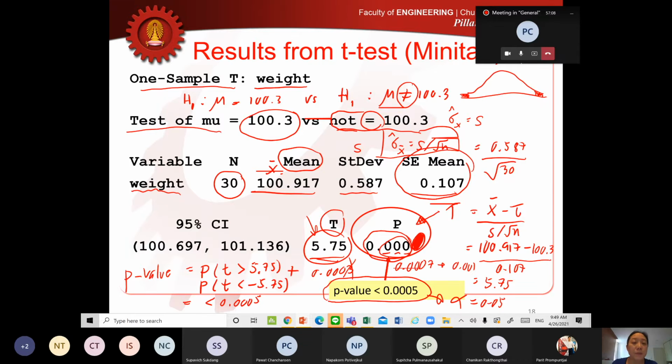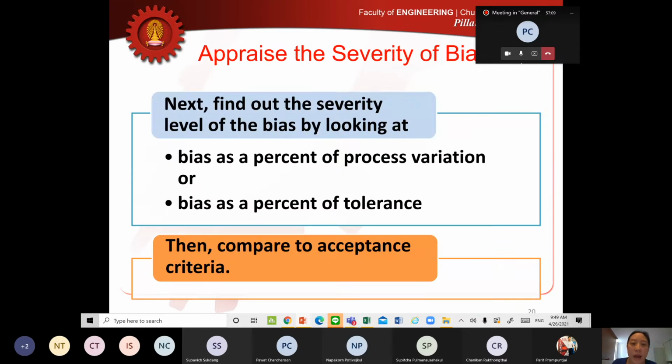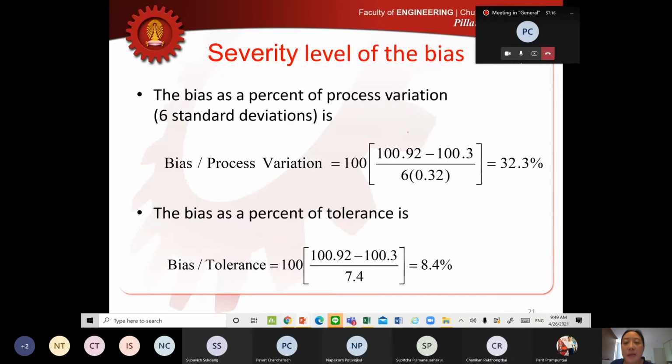And then you compare that amount of bias with 2 indicators, right? So this is X bar minus tau, or you can call it bias. You can compare it with 6 sigma of the part, and you get this number from the process capability analysis that you have done before.